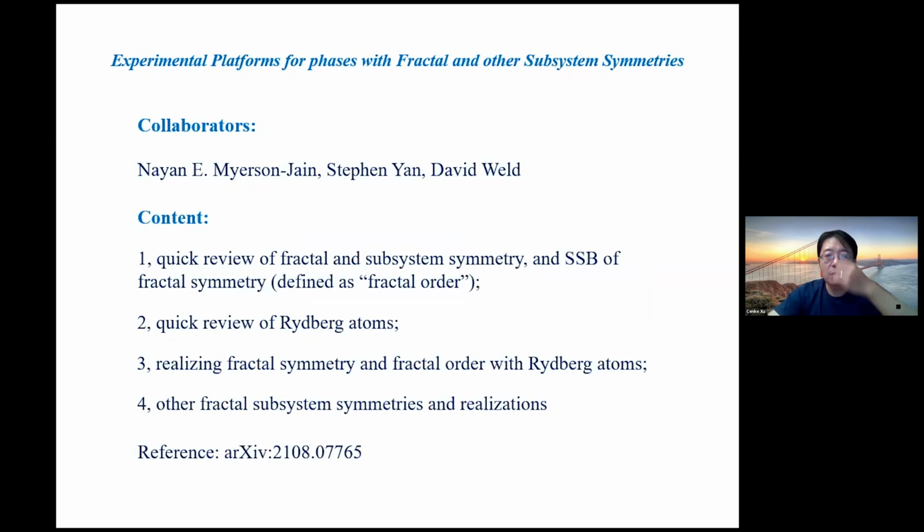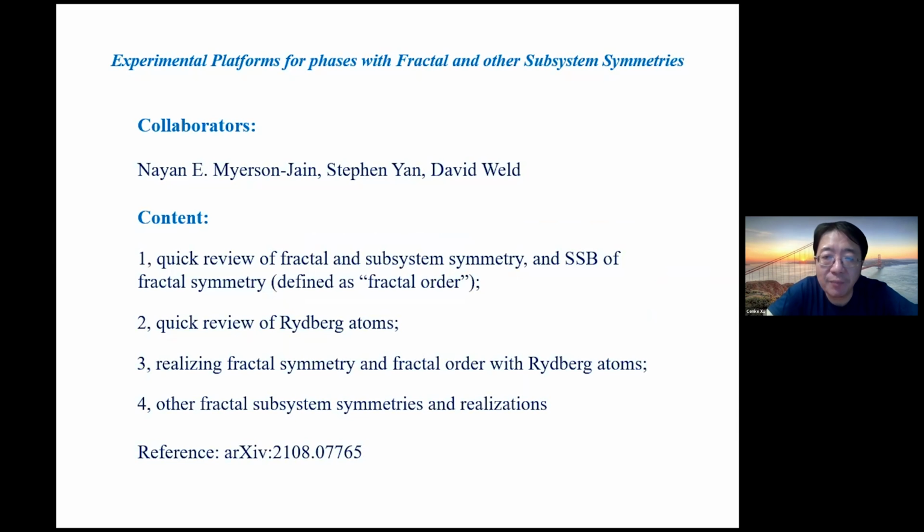I will first give a quick review about fractal symmetry and also other subsystem symmetry, and I will talk about an order which is a spontaneous symmetry breaking of fractal symmetry. In my talk, I will define this spontaneous symmetry breaking of a fractal symmetry as a fractal order.